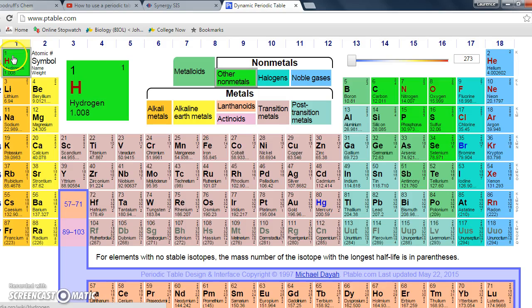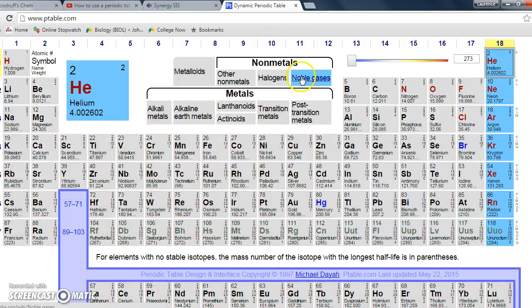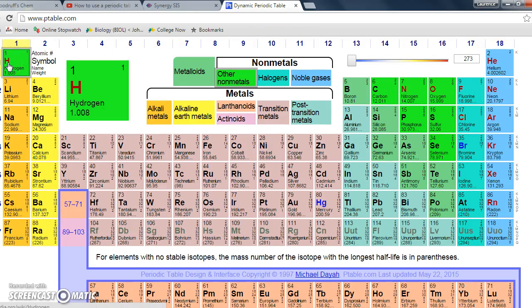So hydrogen and helium only have one shell. They have one layer of electrons, but all of the elements in this row have two. All the elements in this period have three, 4, 5, 6, 7. So you can tell how many electron shells are in that element based on its period on the periodic table.